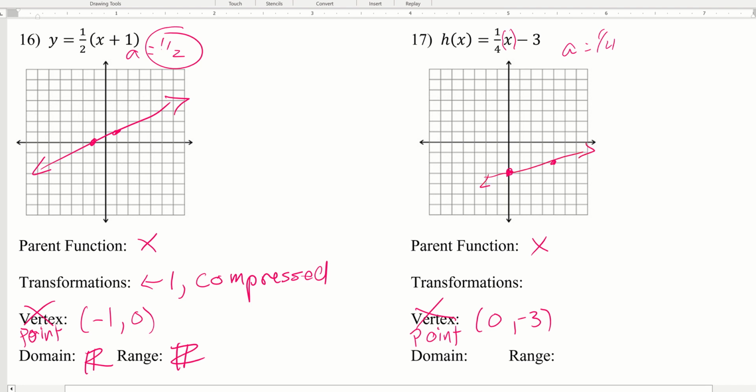So our transformations, how did you get to your point? I didn't have to go left or right, but I did have to go down 3. And then is my a something besides 1? Yes, it's smaller, so it's compressed. Cool. And then easy peasy on these guys since it's a line.